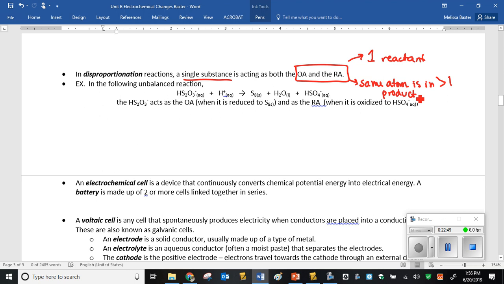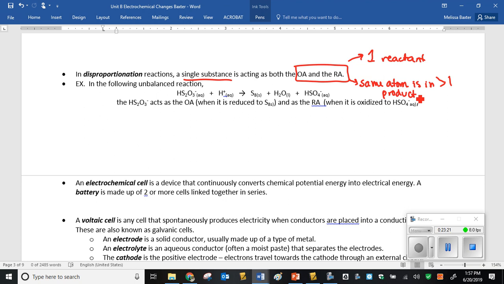Those are not 100% rules, they're just clues that you can look for to help hone in on the one that is disproportionation. Sometimes the same atom will be in more than one product, but that atom is oxygen and it has -2 the entire time. Sometimes there's only one reactant, but what you had was a dissociation reaction, and so it's not actually redox. But those are pretty good hints, especially if they show up together. I would say that's a pretty good hint that it's disproportionation.